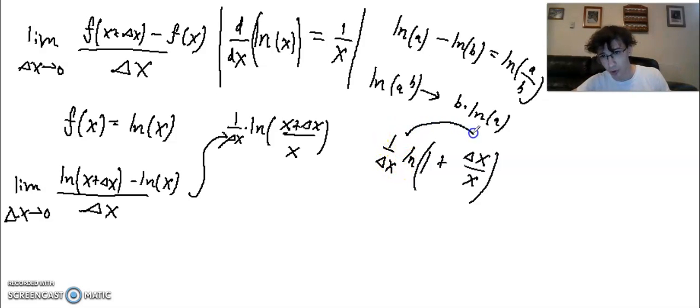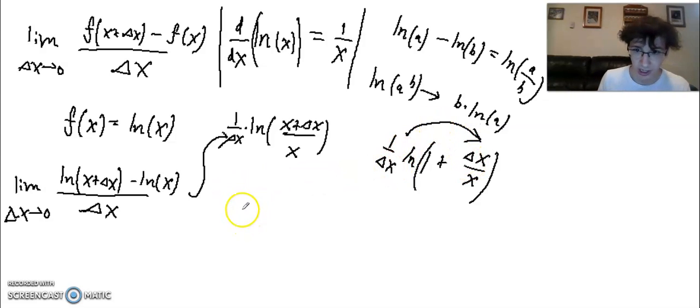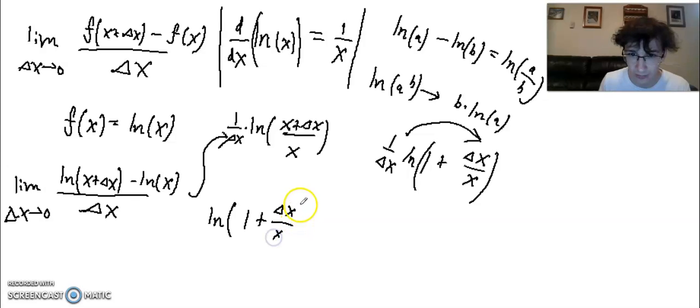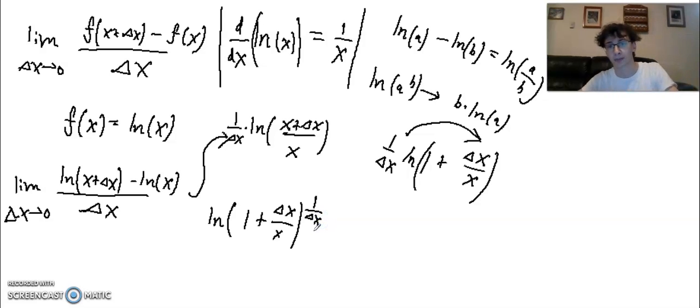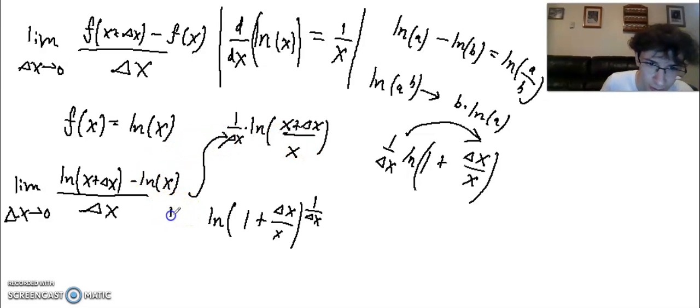So we can move that up and rewrite this: we have ln of 1 plus delta x over x, to the 1 over delta x. So we're getting a little closer to evaluating this limit. Remember, this is a limit right here.